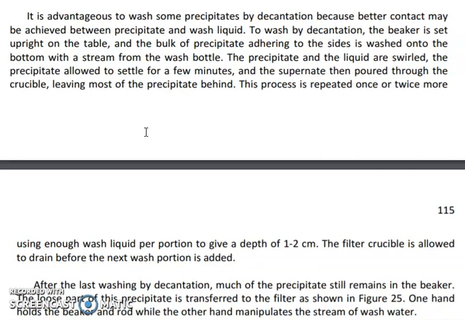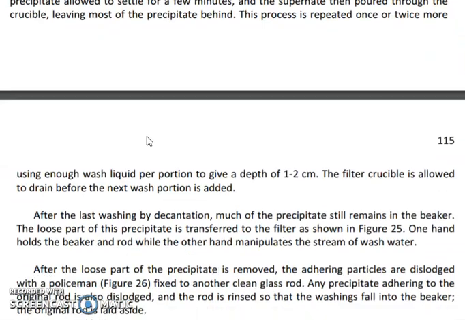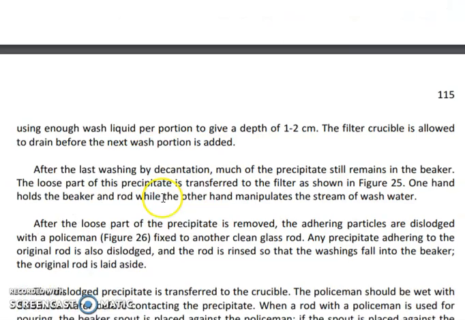The precipitate and liquid are swirled, the precipitate allowed to settle for a few minutes, and the supernatant then poured through the crucible, leaving most of the precipitate behind. This process is repeated once or twice more using enough wash liquid per portion to give a depth of 1 to 2 centimeters. The filter crucible is allowed to drain before the next wash portion is added.